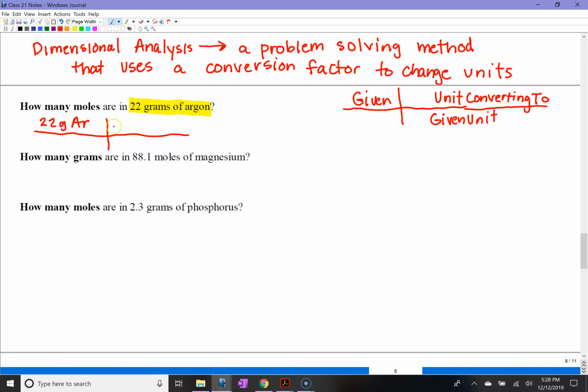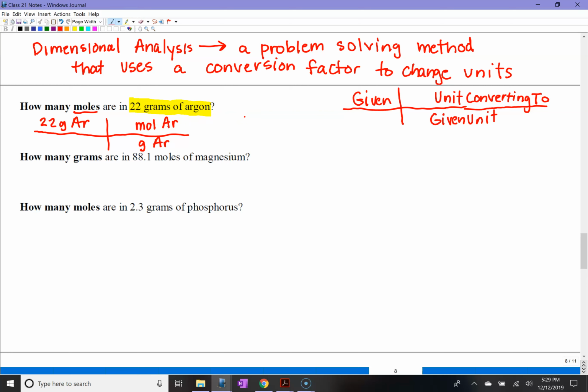Whatever unit I write in this upper left box, I'm going to write the same unit in the lower right box. So I'm going to write grams of argon. And I can see from my problem that I'm trying to find out how many moles of argon I have. So I'm going to put that unit in the upper right box.